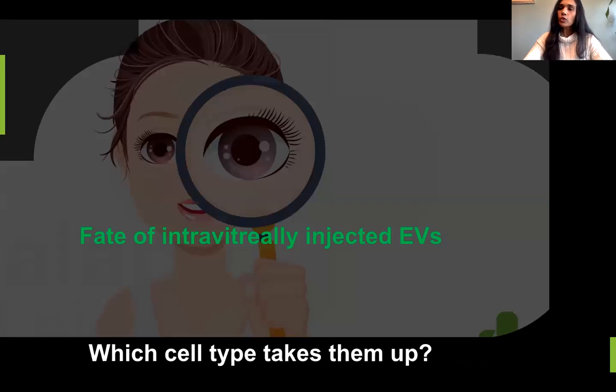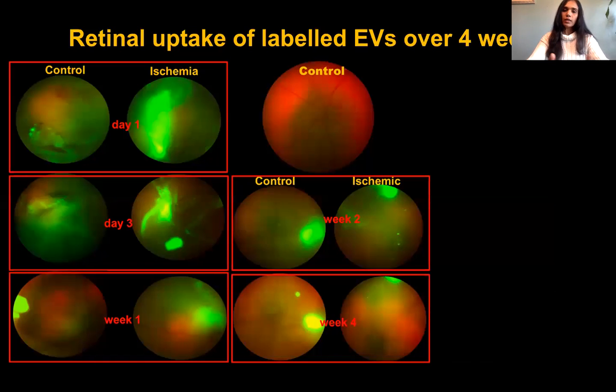From here, once we understood the protective effect of these EVs clearly, we wanted to see what happens to these EVs once they are injected into the eye. What is the fate of the exosomes? What particular cell type is taking them in the retina? To do this, as I mentioned, we fluorescently labeled the EVs with green fluorescent protein and injected them into the eyes of rats, normal versus ischemia, and then followed them for a month.